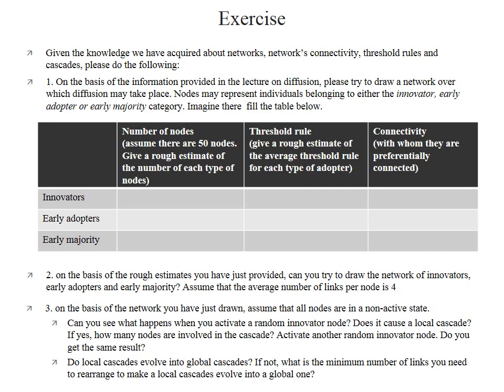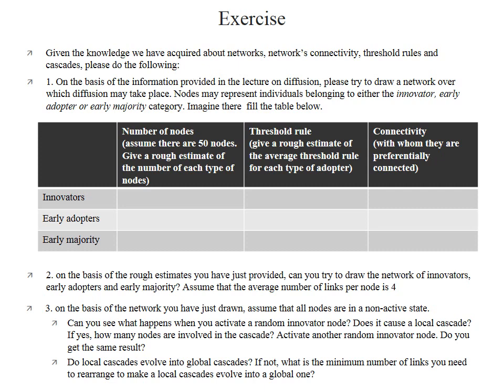Then, with whom they are preferentially connected. This follows the nature of conversations they tend to have. So if you now actually draw the graph and draw the links between adopters, what do you find out?